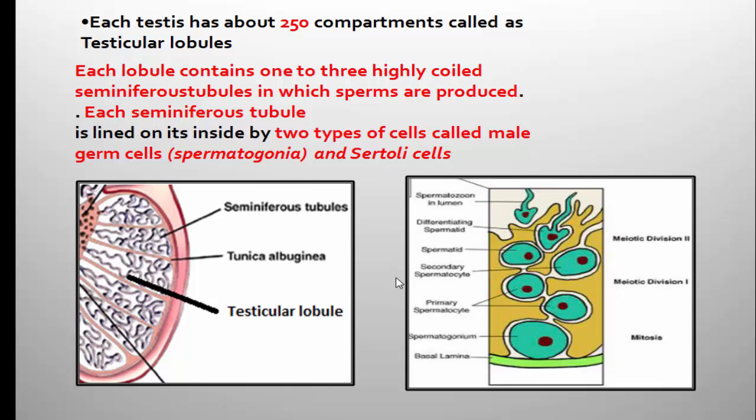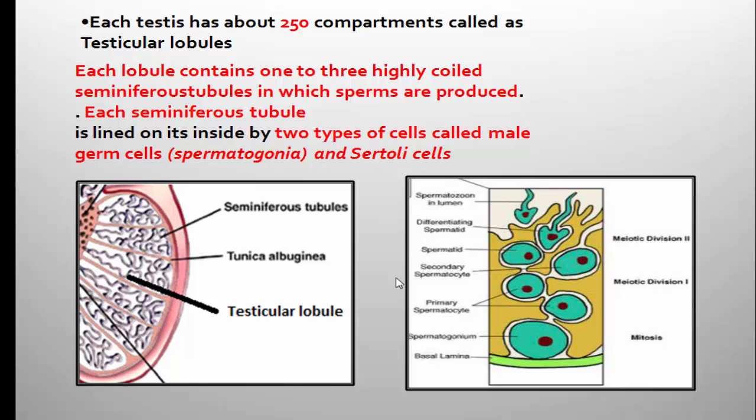The wall of the seminiferous tubule is lined by germinal epithelium, and that germinal epithelium consists of two types of cells: male germ cells, also known as spermatogonial cells, and the Sertoli cell. So these are the two types of cells found in the wall of the seminiferous tubule.